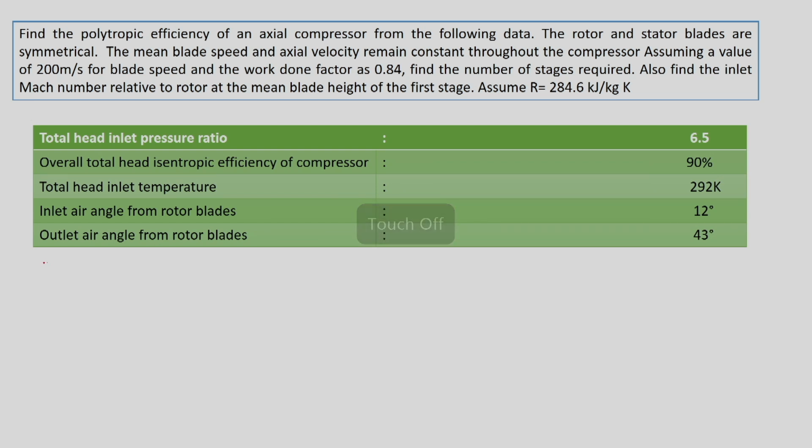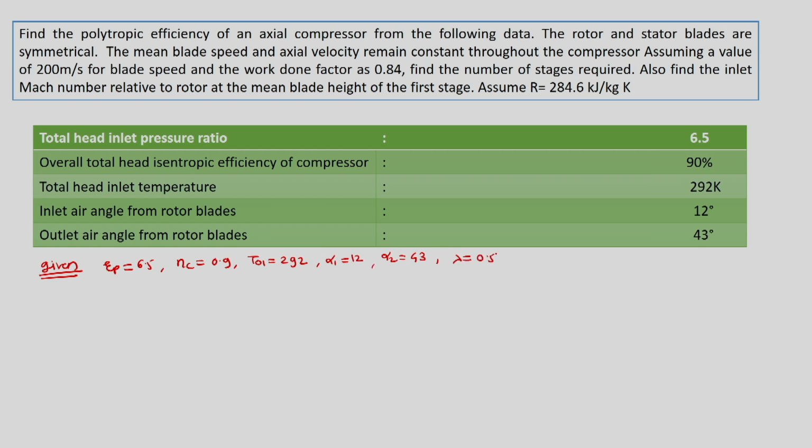So we can write down the given things. Pressure ratio is 6.5, overall isentropic efficiency is 0.9, T01 is 292 Kelvin. We are told that the air angles are alpha 1 as 12 degree and alpha 2 as 43 degree.